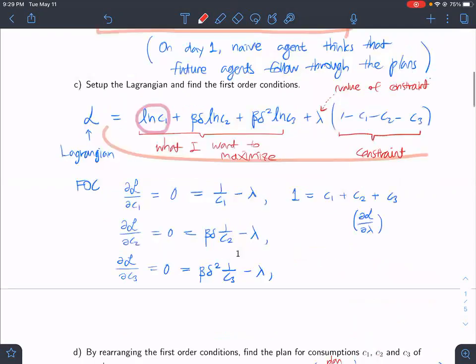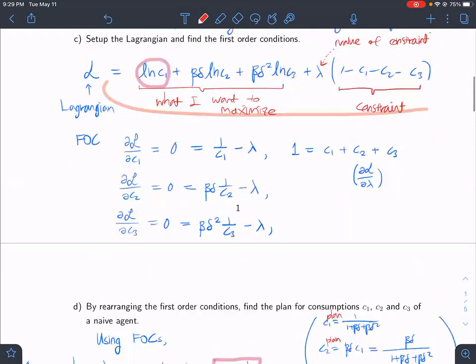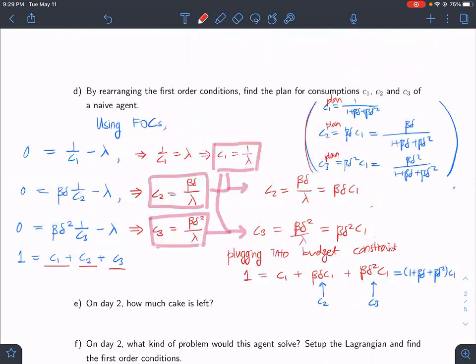And after solving this, we have these solutions C1, C2, and C3. So these are the plans, what C1 is expecting to consume on day 1, day 2, and day 3. Any questions?